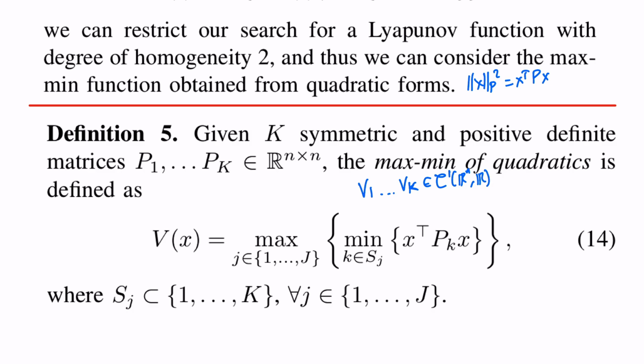Again, for each of those v sub j functions, we are not putting any constraint. It can be quite general, if you can imagine.